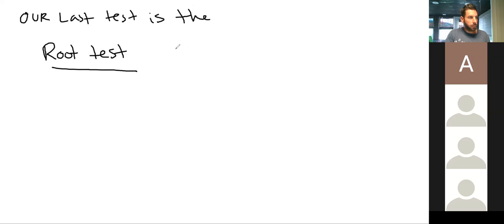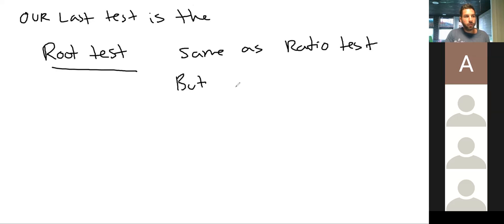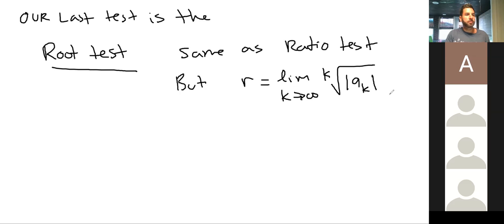This is the same as the ratio test, but instead of using ratios, you set R equal to the following limit. You use roots. So you take the kth root of the absolute value of the kth term.